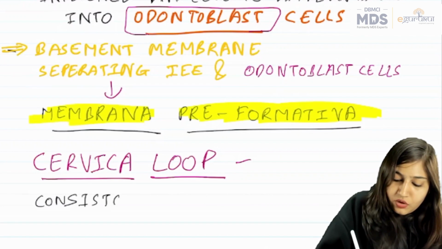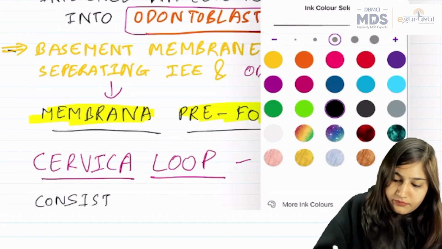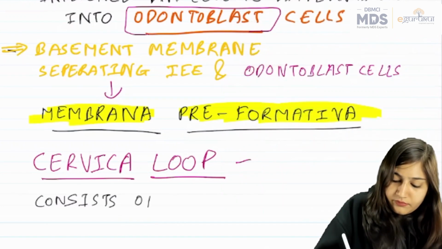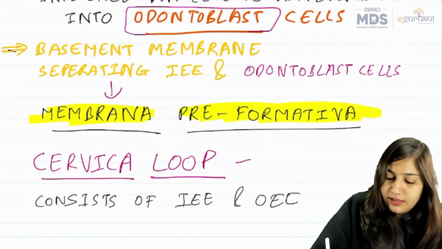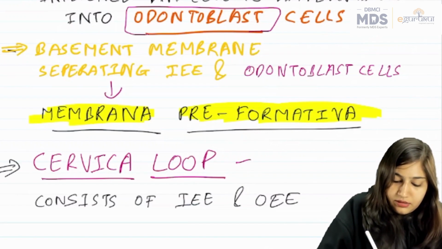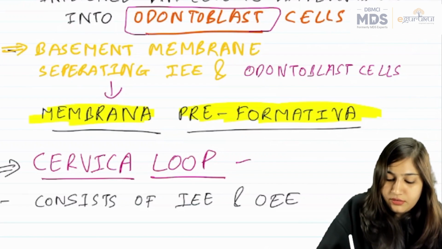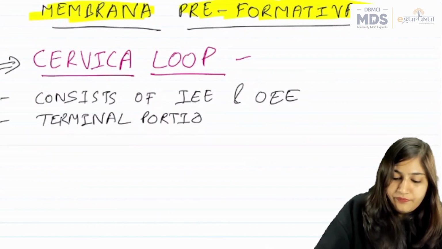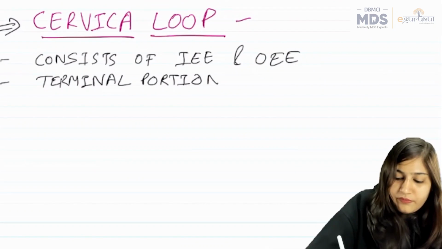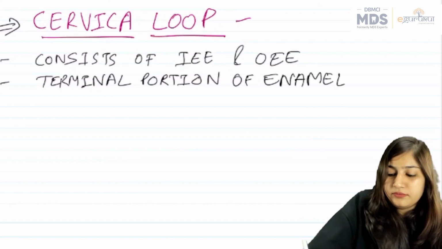It consists of inner enamel epithelium and outer enamel epithelium, the terminal portion of enamel organ.